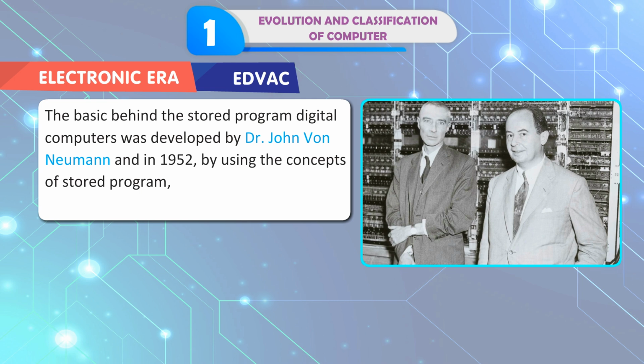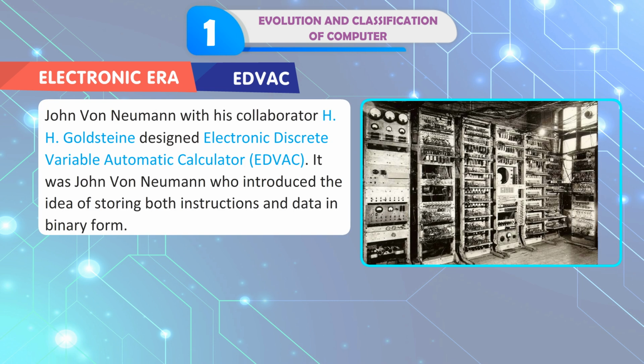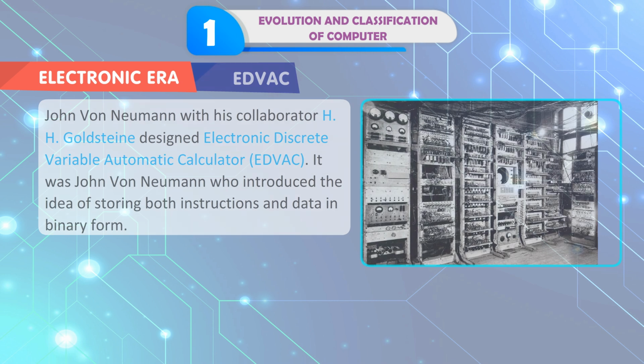The basis behind the stored program digital computers was developed by Dr. John von Neumann, and in 1952, by using the concepts of stored program, John von Neumann, with his collaborator H. H. Goldstein, designed electronic discrete variable automatic calculator, EDVAC. It was John von Neumann who introduced the idea of storing both instructions and data in binary form.